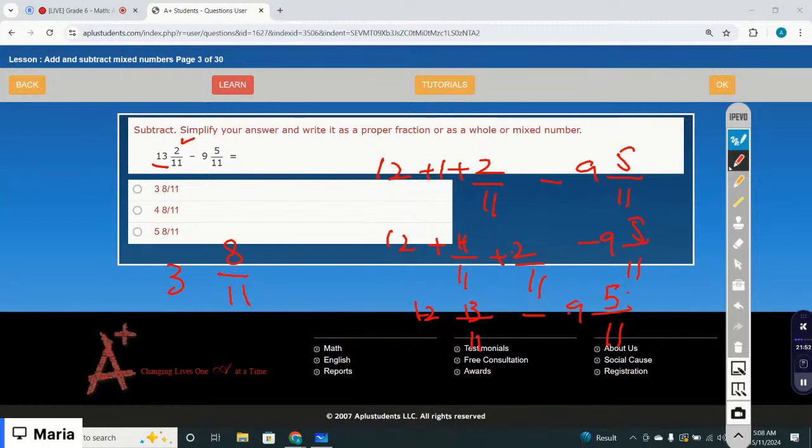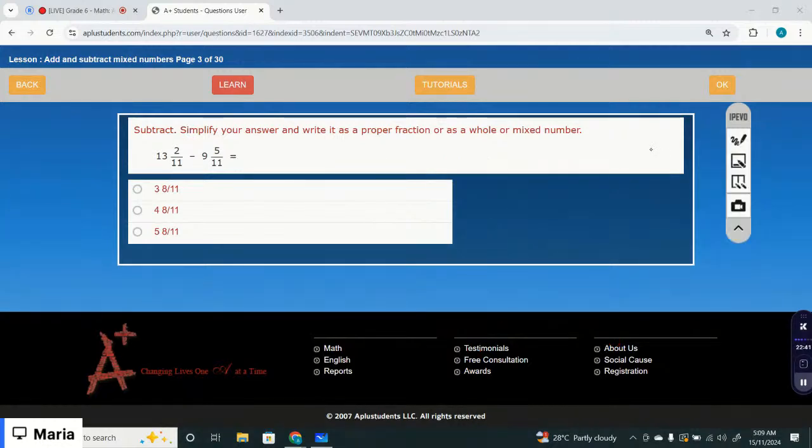You cannot subtract a greater number from a smaller number. Any questions you can ask. The correct option is 3 whole 8 over 11, option number 1.